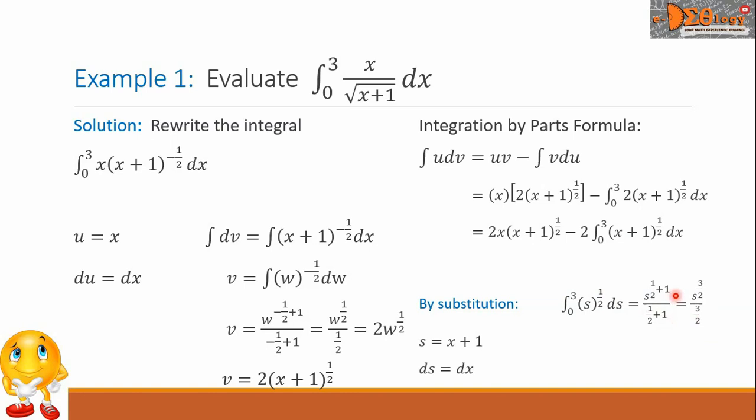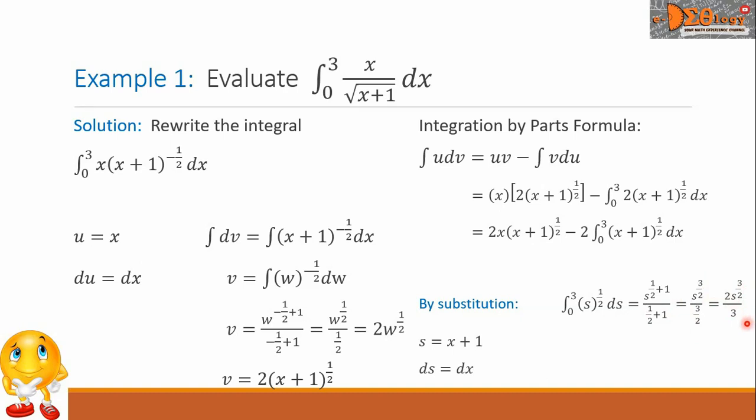So we have s raised to 3 over 2 all over 3 over 2. Let us simplify this complex fraction. This 3 over 2, we're going to flip it up, making this number 2 the coefficient of the s in the numerator. So we have now 2 times s raised to 3 over 2 all over 3.